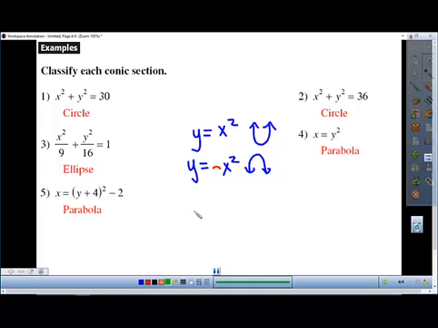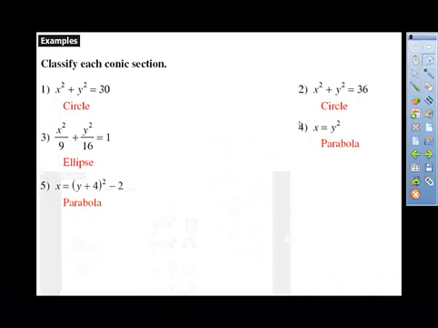So now we have x equals y squared. And instead of a parabola that's opening up like that, we're going to have a parabola that's opening off to the side. Okay, and then likewise, if I have x equals negative y squared, then that's going to be a parabola that's opening to the left. Okay, so we can have a happy face, a sad face, or a C or backward C. Okay, so keep that in mind.